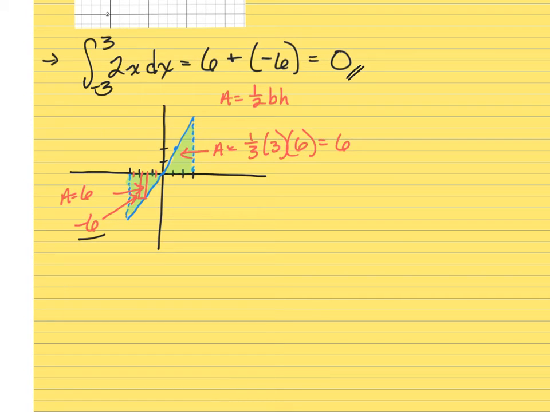Okay, now there are different kinds of questions, though. We might see a question that says, find the net area. And the net area is what we did here, right? In other words, take your positive areas and add to them your negative areas, and that will give you the net signed area.